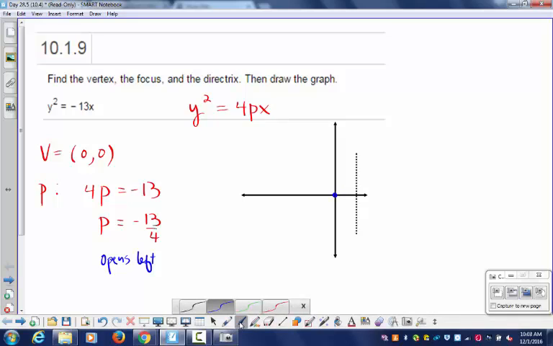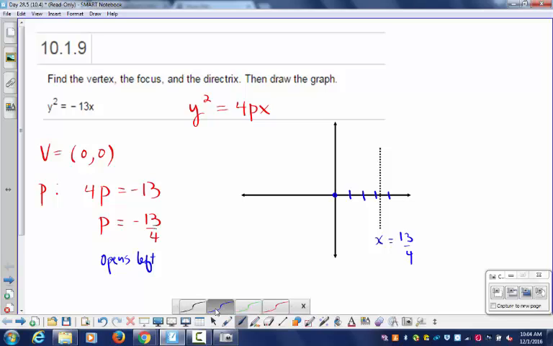Now, that is a little bit more than 3, so it's like 3 and a 4. 1, 2, 3, 4. So the directrix will be right there, and that is the line x equals positive 13/4.